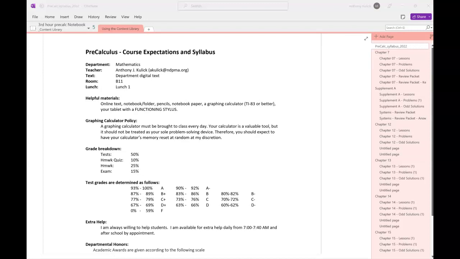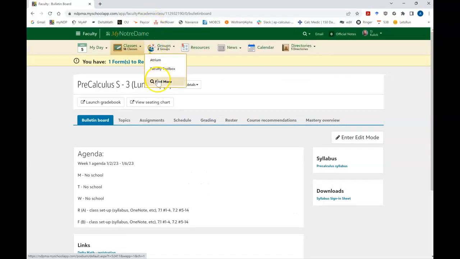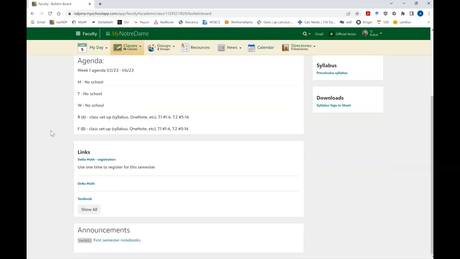So we're going to start with some setup stuff. If you pull out your tablet and go to My Notre Dame and scroll down to the link section, we're going to do our Delta Math registration for this semester.